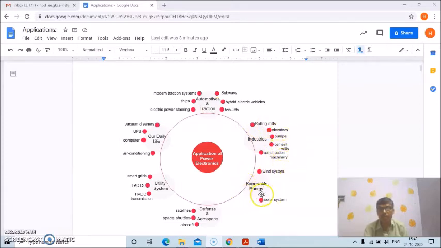Then wind and solar systems for renewable energy. Then defense and aerospace, that is satellites, space shuttles, aircraft. Then utility systems, such as smart grids, FACTS, HVDC transmission, and in our daily life, vacuum cleaners, UPS, computers, air conditioning, etc. We have shown these application areas of power electronics.